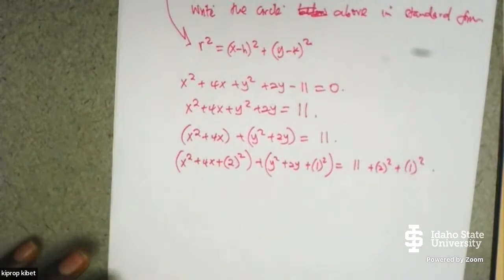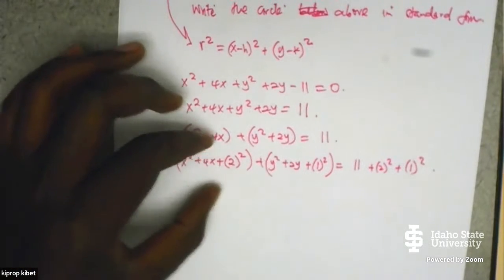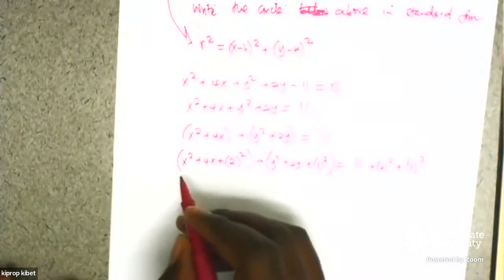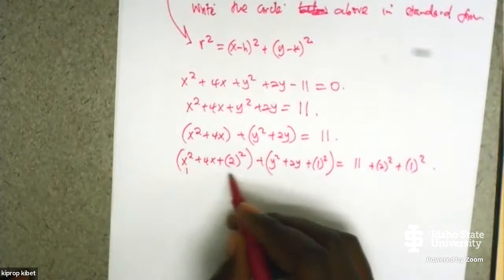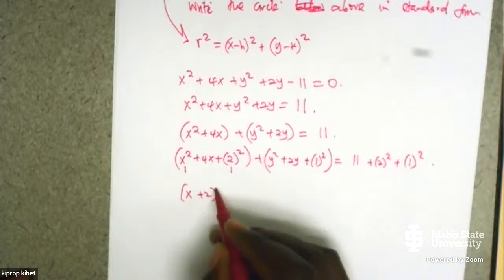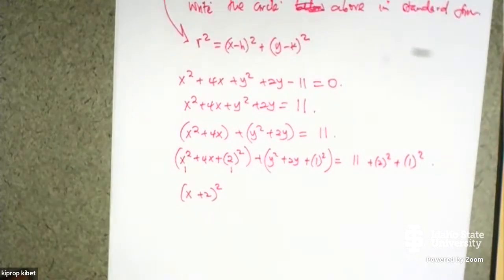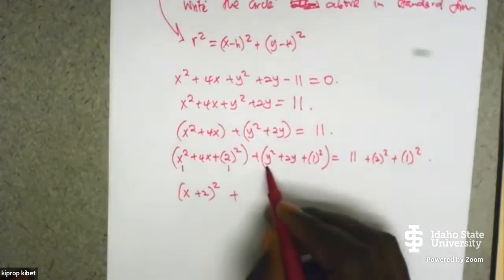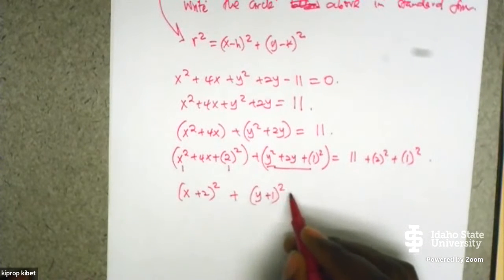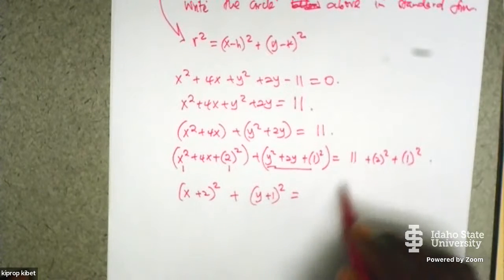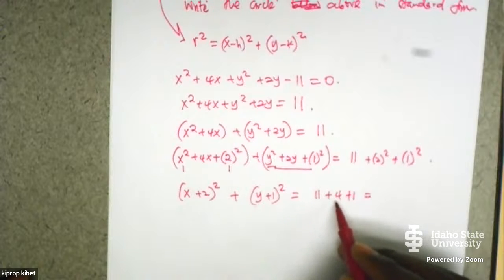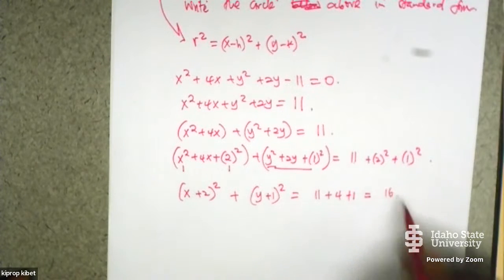Then you now simplify. You complete the squares here and here, and then you simplify. So x plus 2, and then you square, plus y plus 1, and then you square, equals 11 plus 4 plus 1, which is 16.